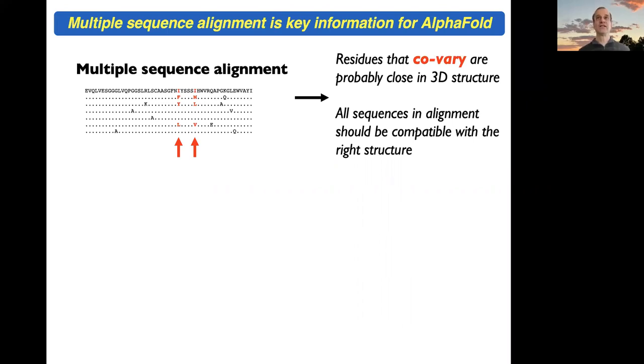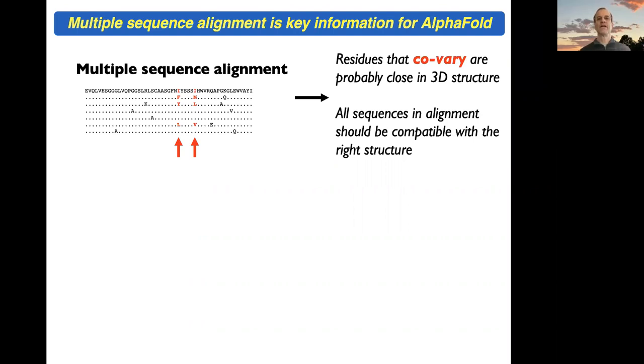That often means that those residues are close in three-dimensional structure. That is, residues that are close, touching, might tend to change together because one might compensate for the change in the other. Doesn't always happen that way, but they tend to co-vary. So covariance is an indication of distance between residues, and that's an enormously powerful piece of information about structure.